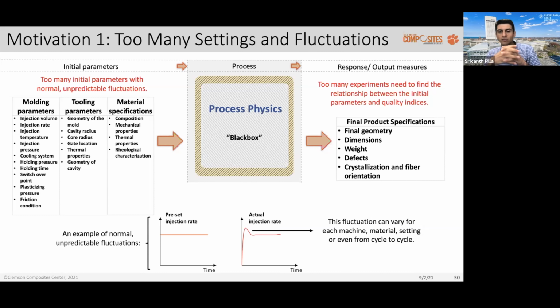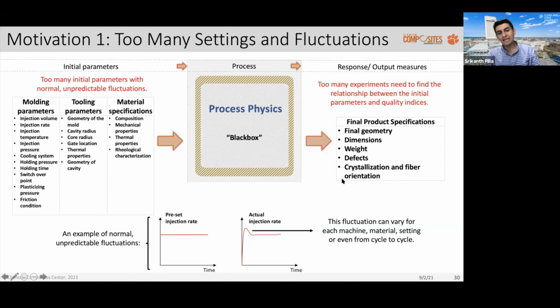The idea was that, in terms of quality control, usually people try to control the quality of the component based on the initial parameter setting. But we have too many parameters in injection molding, and if you consider the interaction of these parameters, it's a very challenging process, and it needs too many experiments to find the optimum condition.